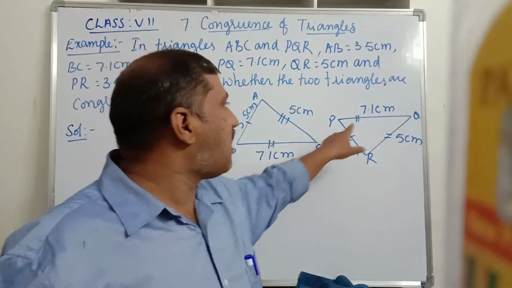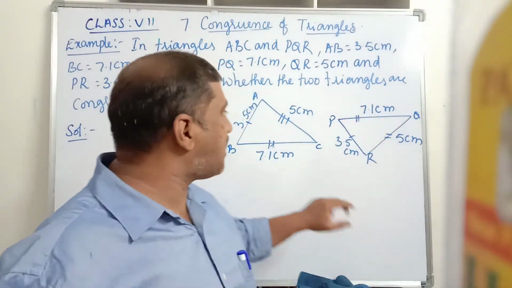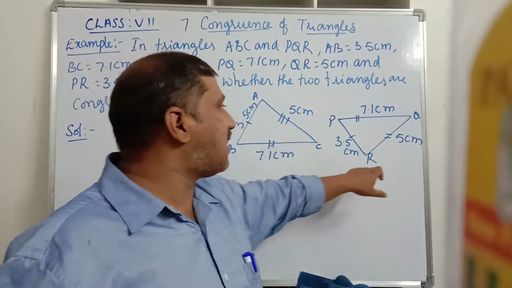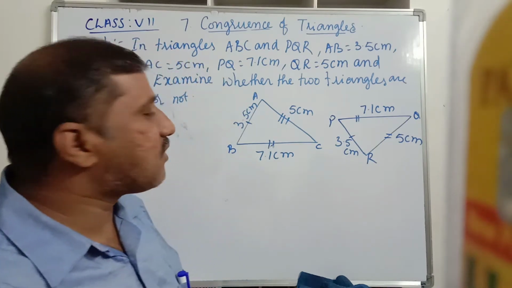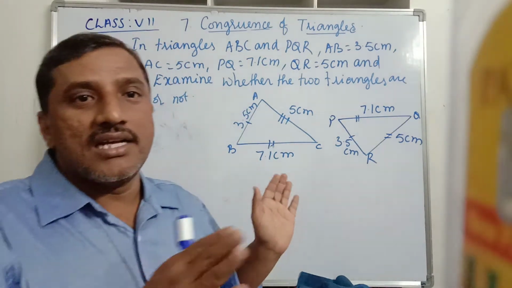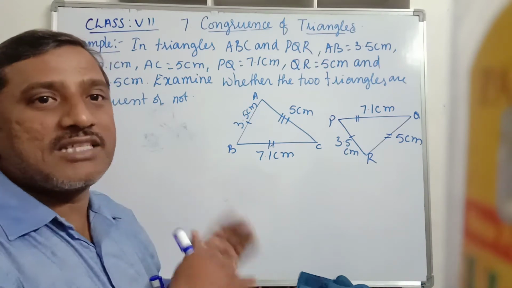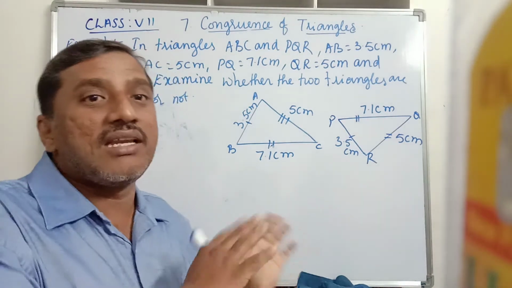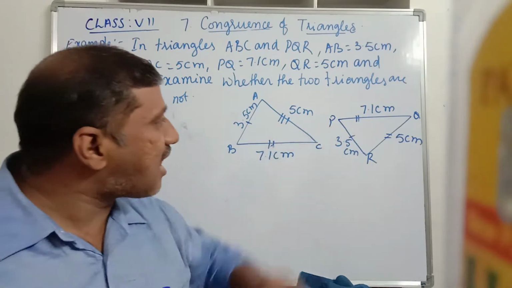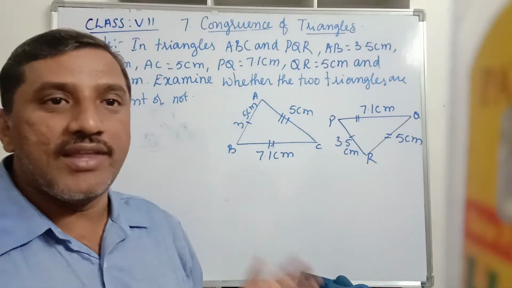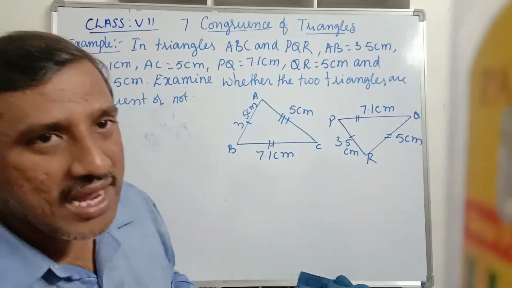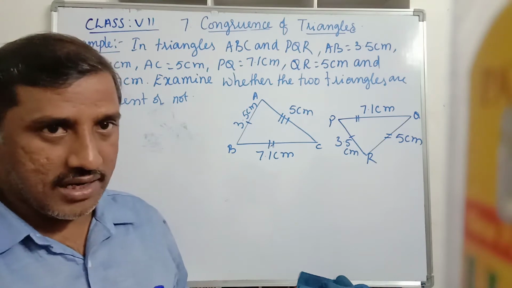BC is 7.1 centimeters and PQ is 7.1 centimeters. AC is 5 centimeters and QR is 5 centimeters is there. Here the lengths of the three sides of one triangle respectively are equal to three corresponding sides of another triangle PQR. Therefore, we can say that these two triangles are congruent triangles.